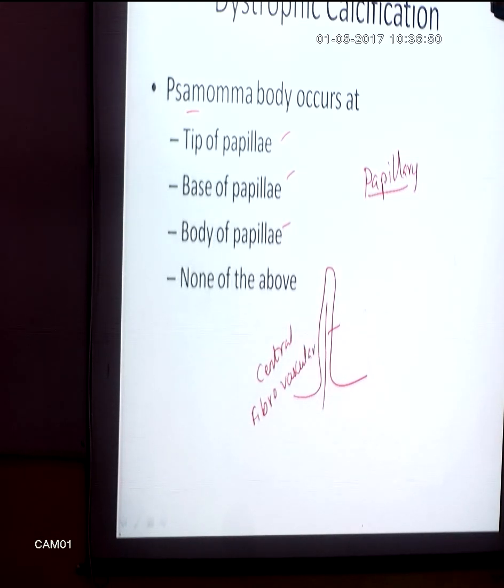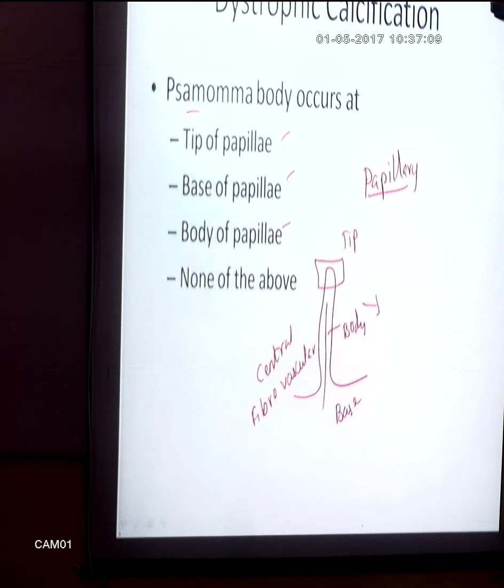So if it is like this, tell me which part of the papilla, tip, base, body, will have decreased blood supply? It's so easy. It's the tip.